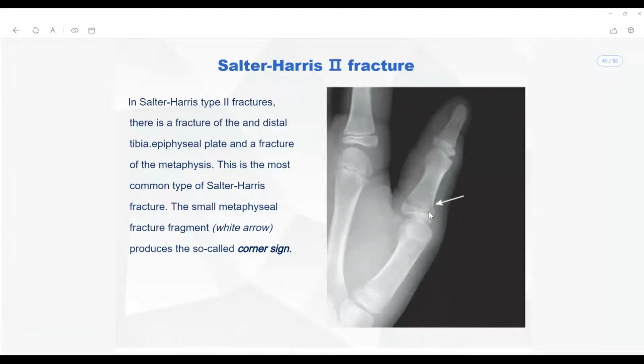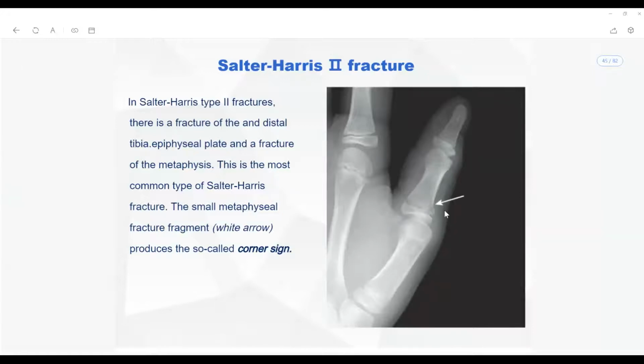So a growth plate fracture along with a small part of the metaphysis represents the corner sign and suggests a Salter Harris type 2 fracture. Okay, is this point clear?